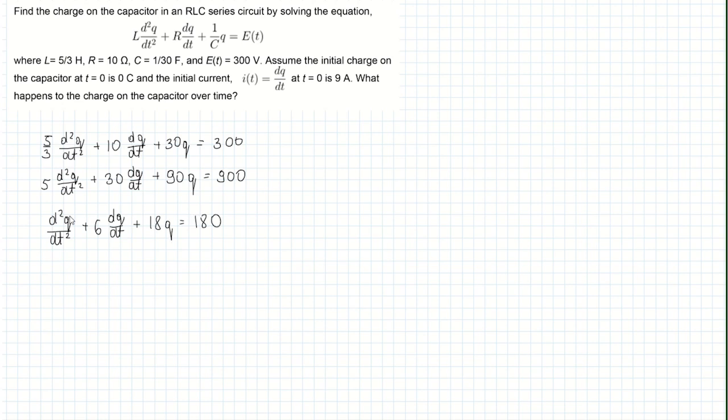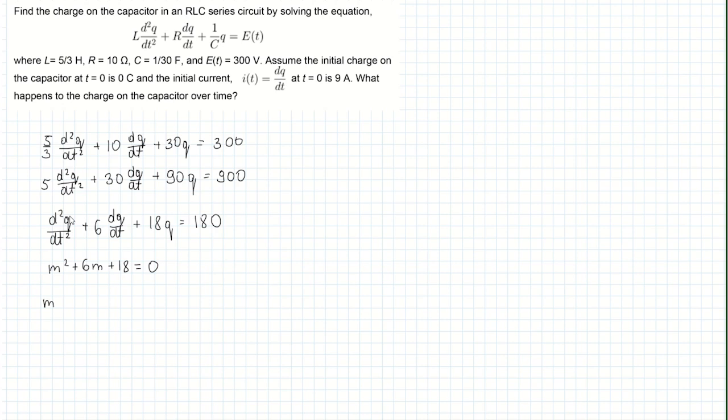To solve a second order differential equation, firstly, I need to create the characteristic equation. In my case, this is m squared plus 6m plus 18 is equal to 0. And I'm searching for m by using the quadratic formula.